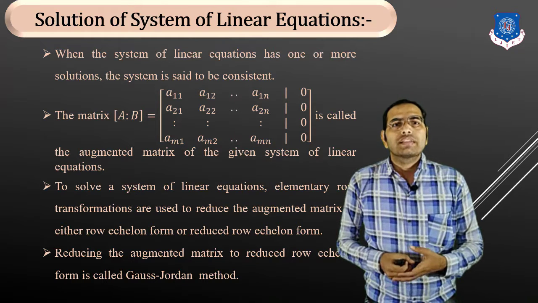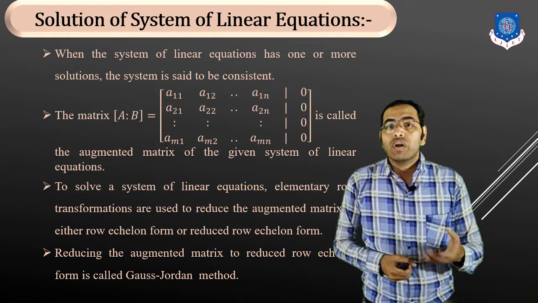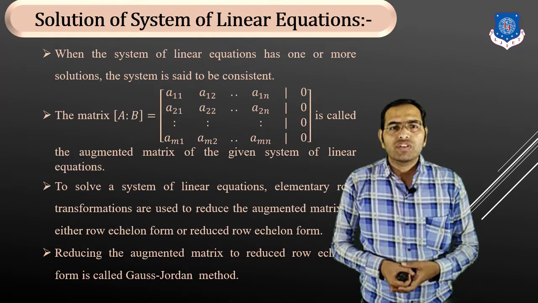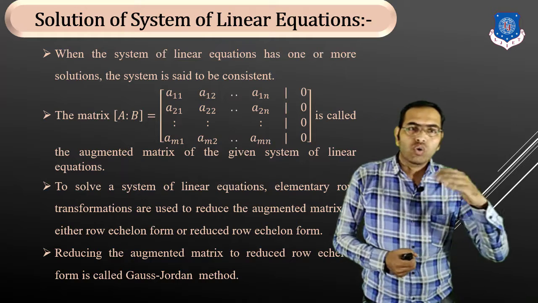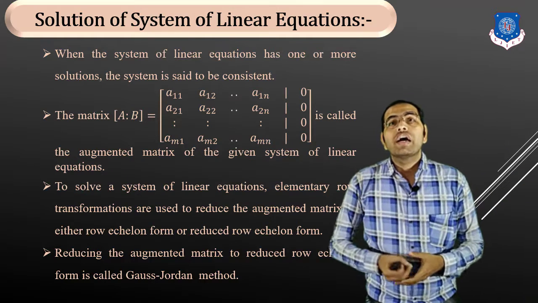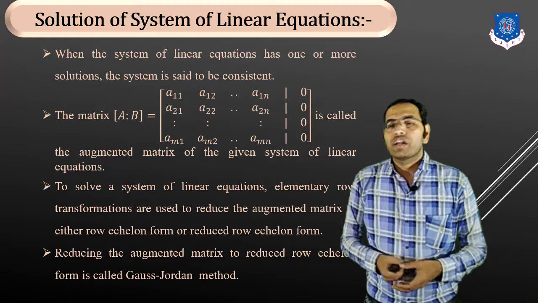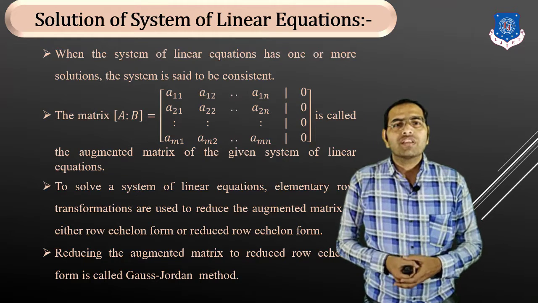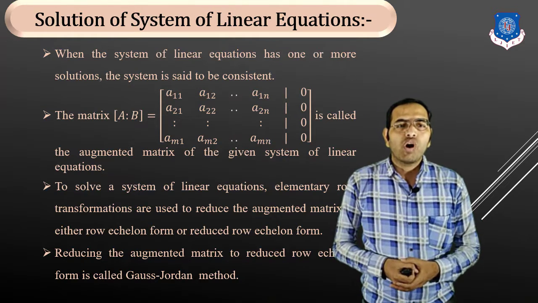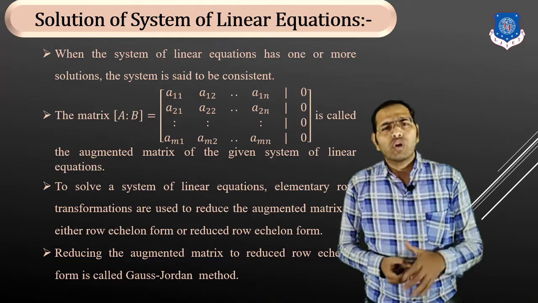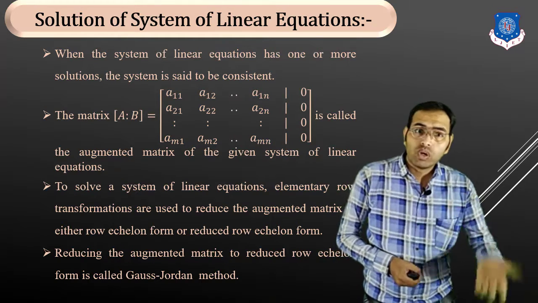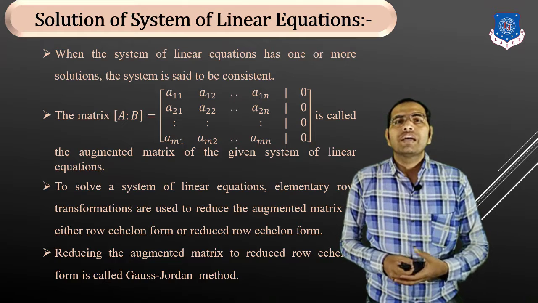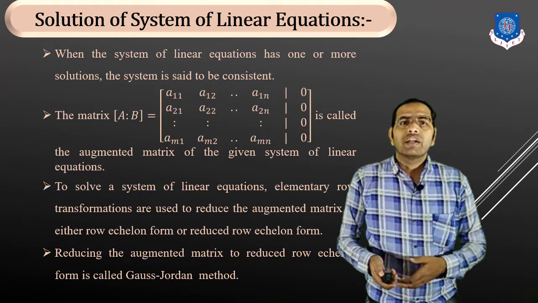To solve a system of linear equations, elementary row transformations are used to reduce the augmented matrix to the row echelon form or the reduced row echelon form. Reducing the augmented matrix to the reduced row echelon form is called the Gauss-Jordan method, and reducing it to the row echelon form is called the Gauss elimination method, which was already discussed.